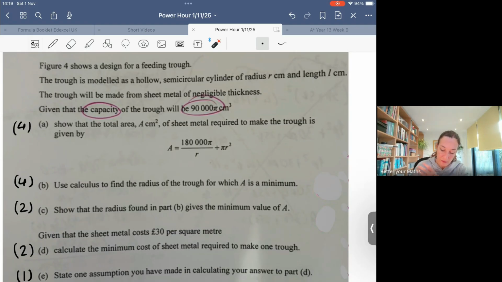Use calculus to find the radius of the cylinder for which A is a minimum. How am I going to find that radius? Daniel, what do you think I'm going to do to find the radius that gives me the minimum value? So I have an expression in terms of r.